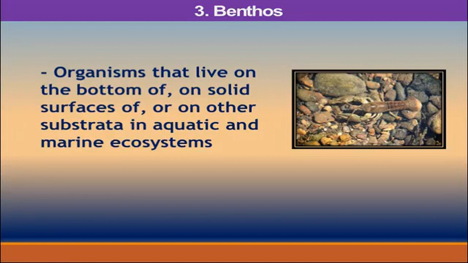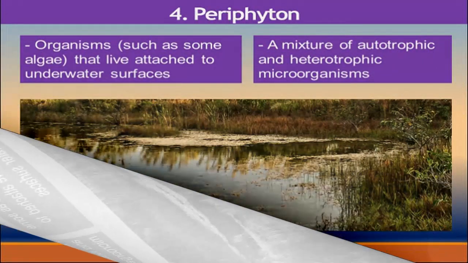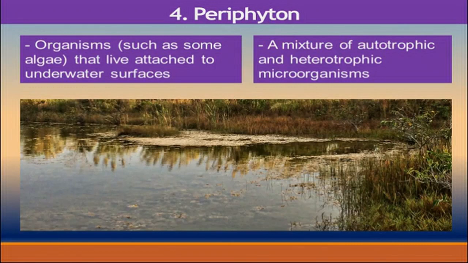So they have the adaptation to walk on or to live on the bottom of the water body. The nymphs of some insects you can find at the bottom of a river or pond. These are called benthos.